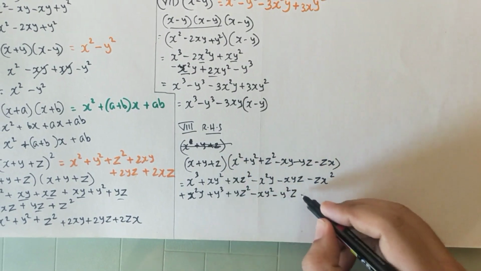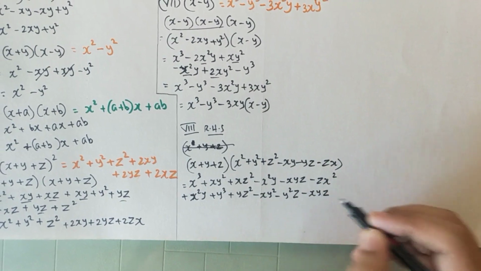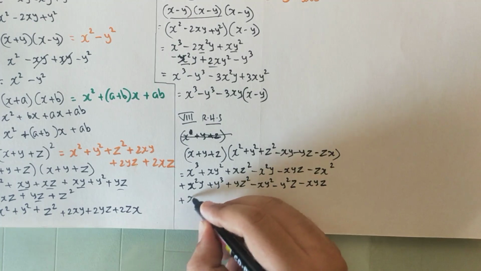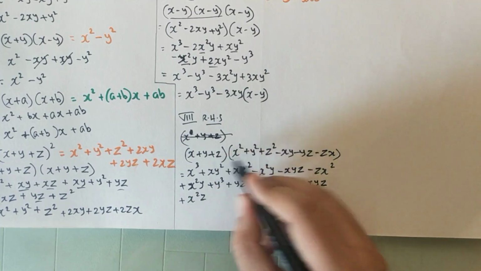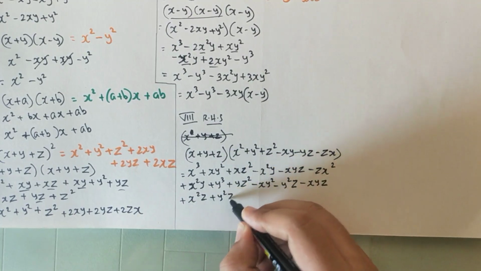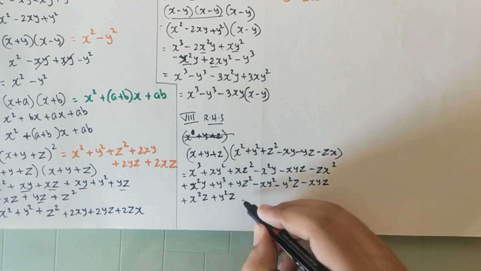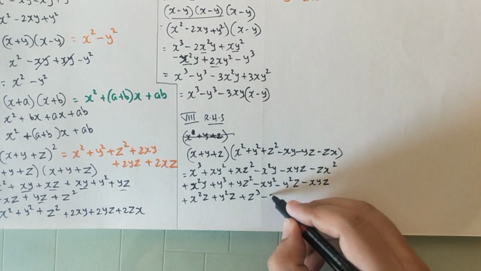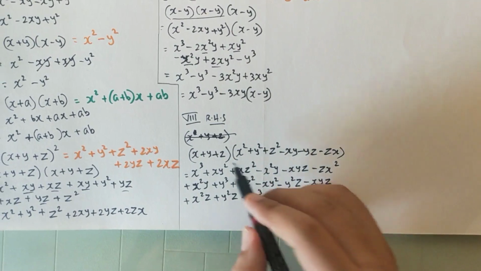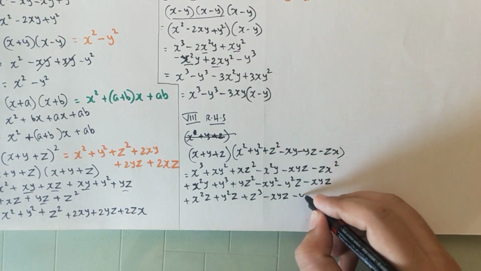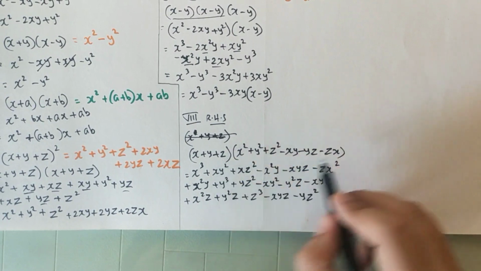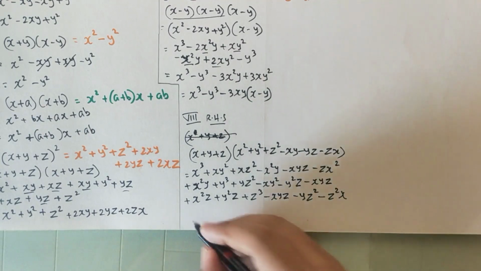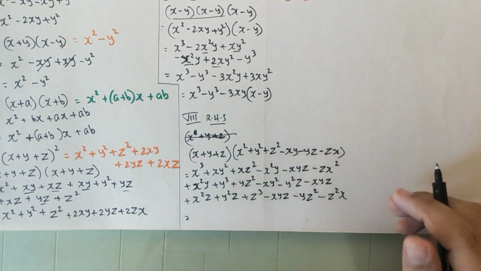And y into minus zx will be minus xyz. z into x square, plus x square z. z into y square, plus y square z. z into z square, plus z cube. z into minus xy, so minus xyz. z into minus yz, that is minus yz square. z into minus zx, that is minus z square x. You multiply all the terms of both the brackets.